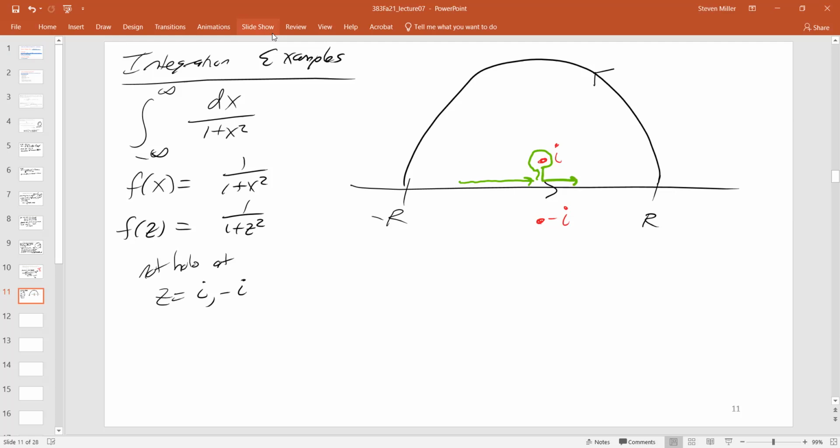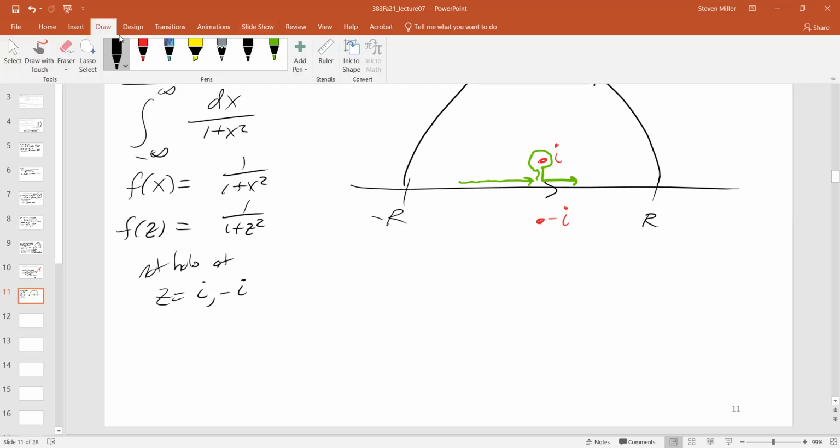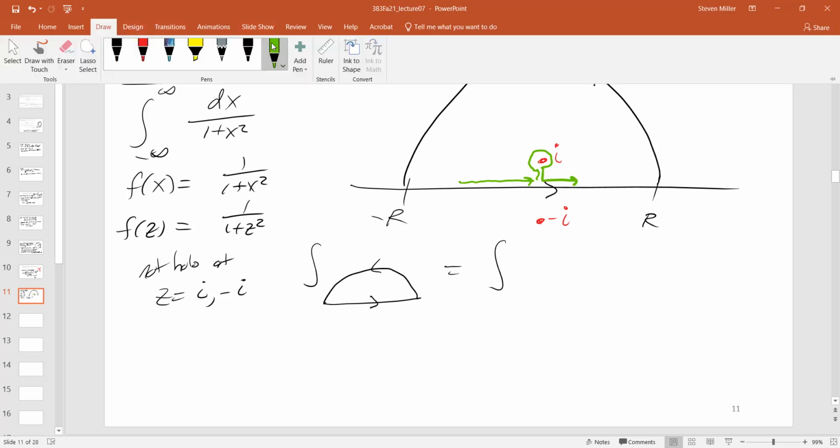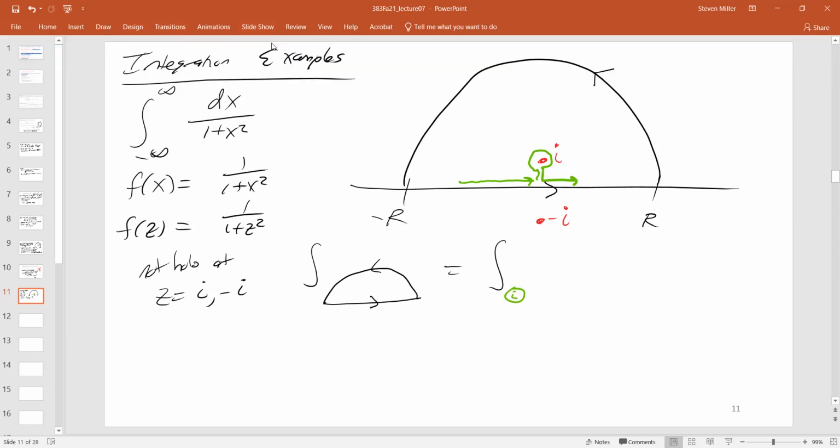And if we do something like that, we reduce the integral over the region like this. So the integral over this is equal to the integral over the green circle about i.